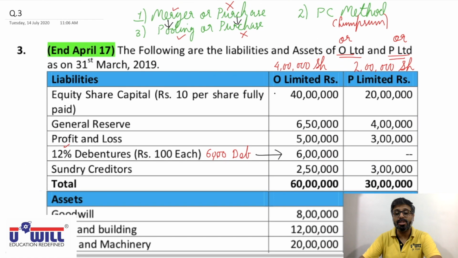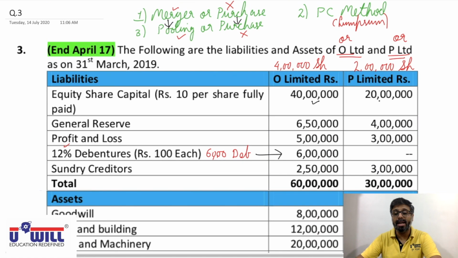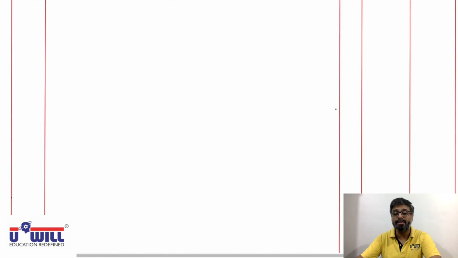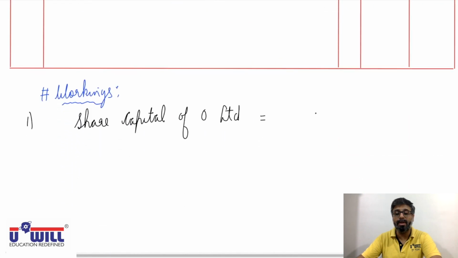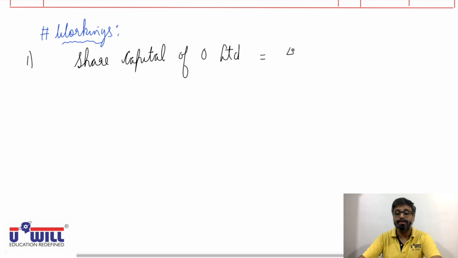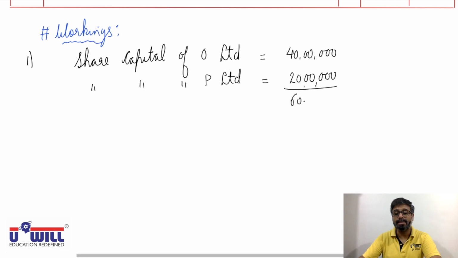See, in the beginning, what is the share capital of O Limited? 40 lakhs. P Limited, 20 lakhs. Total 60 lakhs, total share capital.